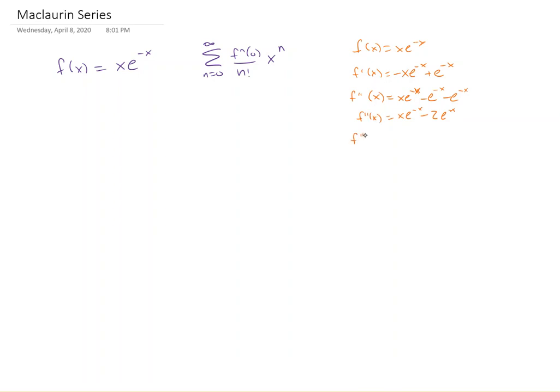This doesn't look like it's going to get any easier. Well, the good news is I did this one already, right? That was the first derivative I did. So I could just copy this down here, times the derivative of this part.